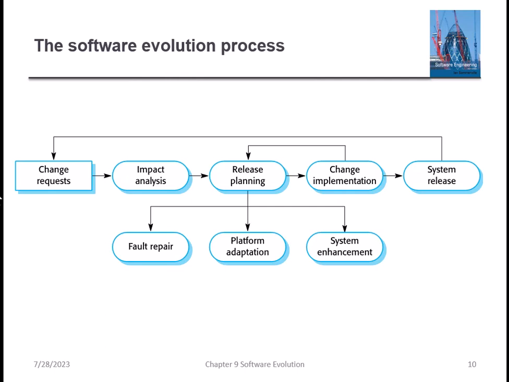So change requests can come from everywhere, or system analysts can analyze by themselves. Sometimes the business stakeholder does not identify any further changes, but being the requirement analyst, you identify. Then impact analysis, as I stated, the type of software should be analyzed, the cost, etc. So what will be the impact of this change?